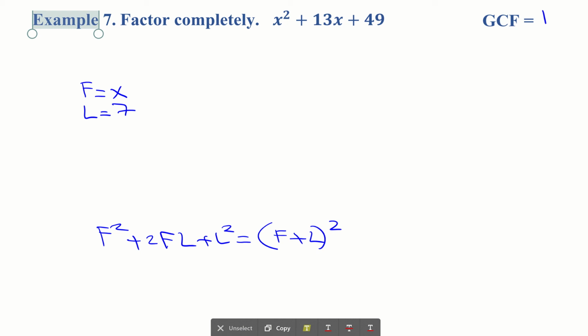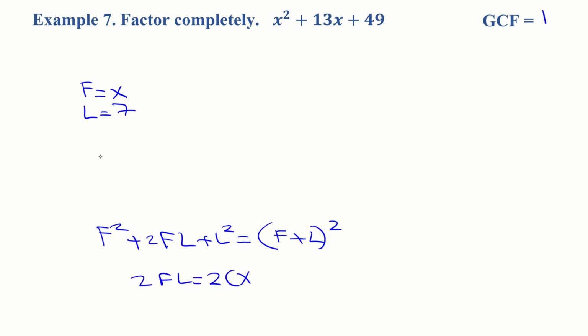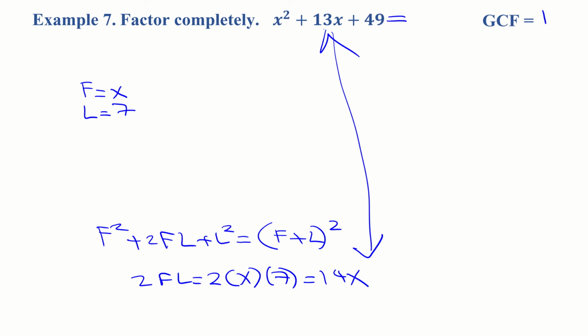But with that f and that l, 2fl will be 2 times x times 7, as we just saw in the previous problem, which is 14x. But this causes a problem because that is not 14x. So we conclude this is not x plus 7 squared. So just because you have a perfect square in the first position and in the last position, that does not mean the trinomial is a perfect square trinomial. Be careful with that.